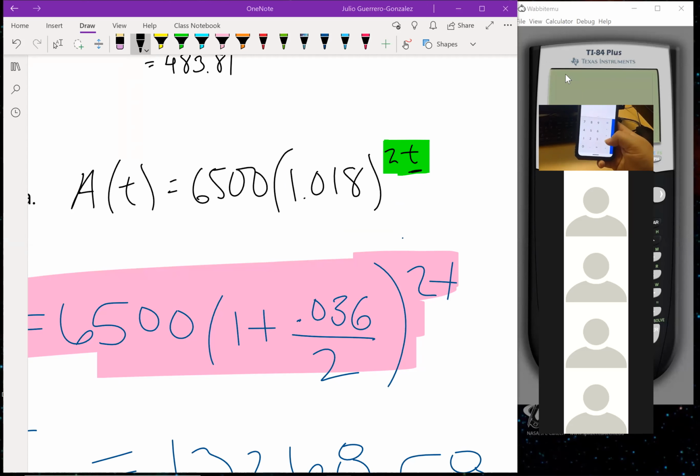Over here, I have an option that pulls this right here. You guys see that? The little caret that points upward? That is the exponent. So if I want to do the 1.018 to the 40, it gives me my answer. Let's see if mine has that. If not, I think some of the iPhones, you won't get this little blue bar that pops out.